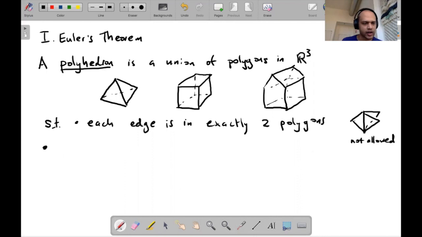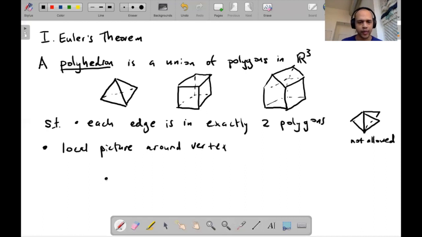And then the second condition is about the local picture around a vertex. So the local picture around a vertex should look like this.